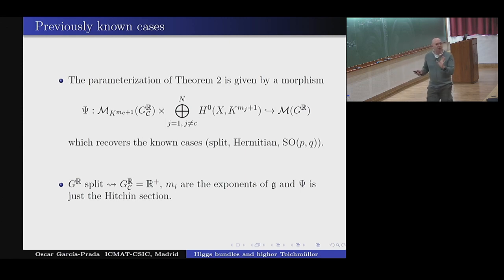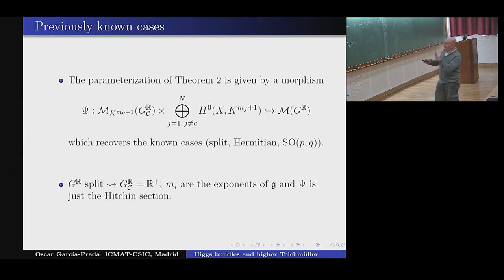So there are two extreme situations. One is the Hitchin section, where you don't have this, basically. Or you have it, but it's just some sections of m_C plus 1 that you can reabsorb here and remove. And then there is the other case, the tube type, where this doesn't appear at all.